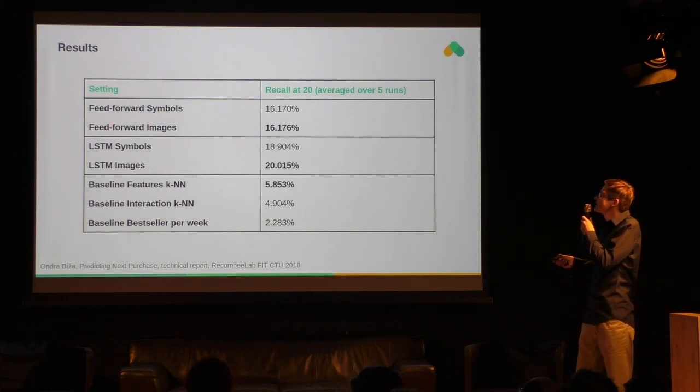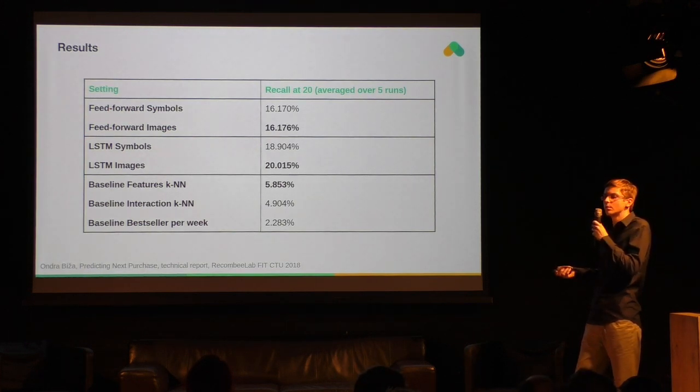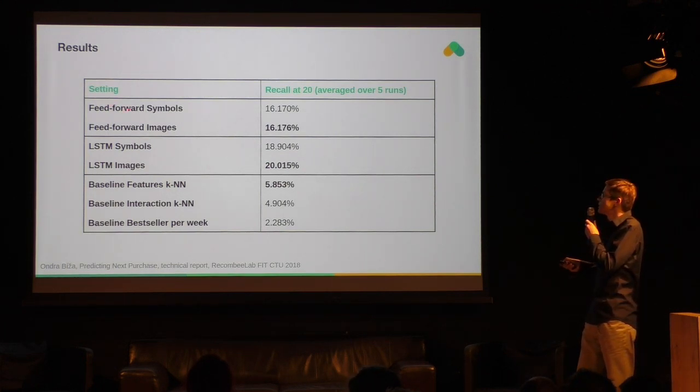So when we tested the recurrent neural networks, as a whole they were better than the feed-forward networks because they were using this time information. We were telling it this happened, and then this happened, and then this happened, which these feed-forward nets didn't know. And when we used images with the recurrent neural networks, it improved even more.